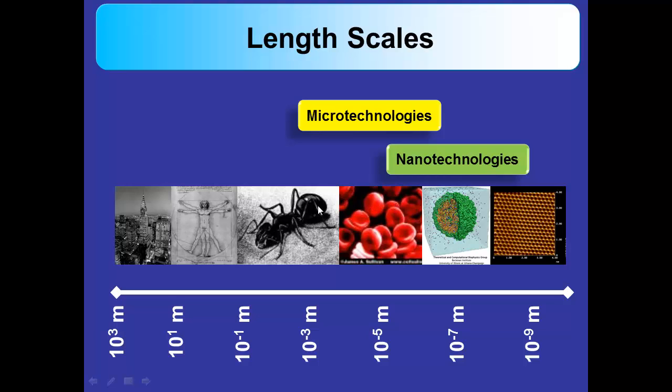A lot of the devices that we'll talk about today are usually a little smaller than some of the bugs you might encounter, such as an ant, and extend down into the regime of some of the cells in our body, like red blood cells, which are on the order of about 5 micrometers in diameter. We'll just briefly talk about some nanotechnologies, which actually extend all the way down to the atomic level, where individual atoms or very thin layers of atoms play a very important role in the properties and the operation of some of these devices.